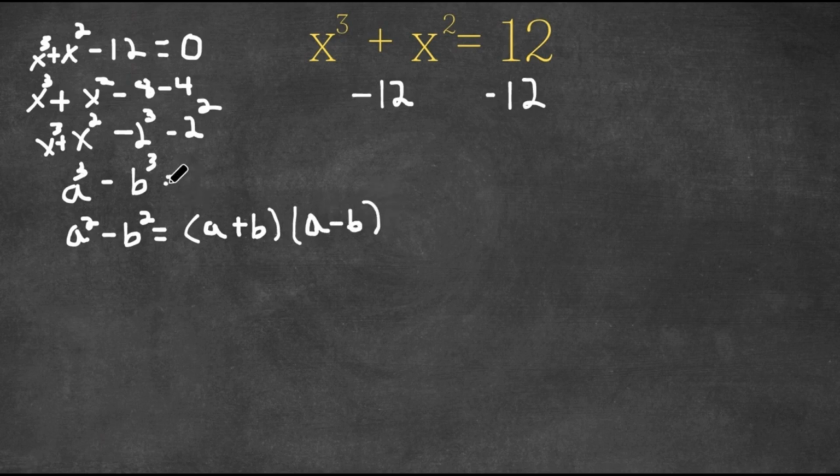And a cubed minus b cubed is actually equal to a minus b times a squared plus ab plus b squared.